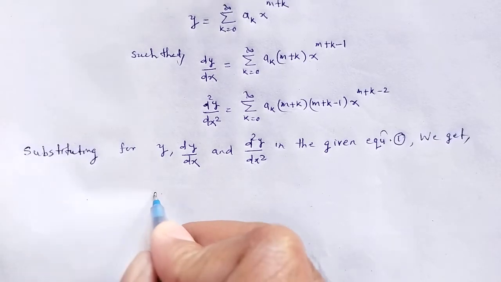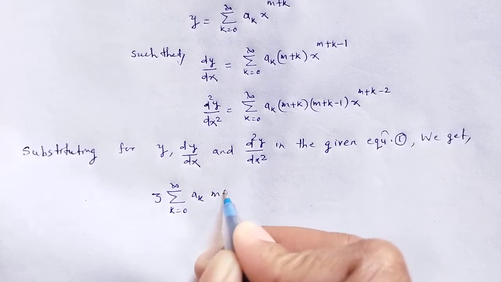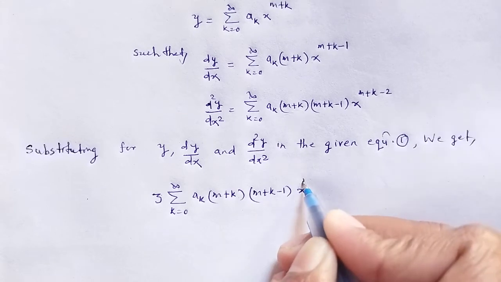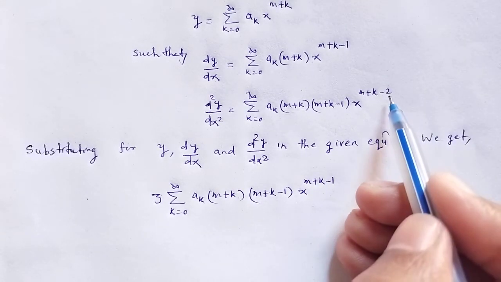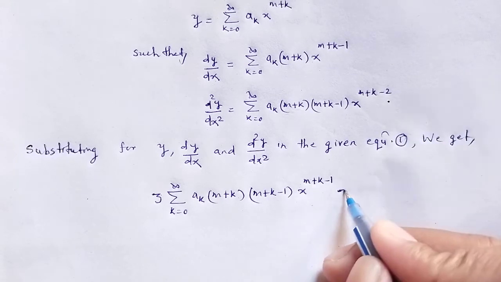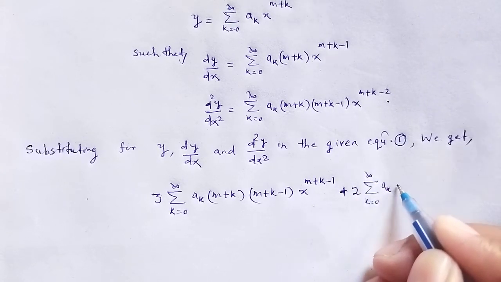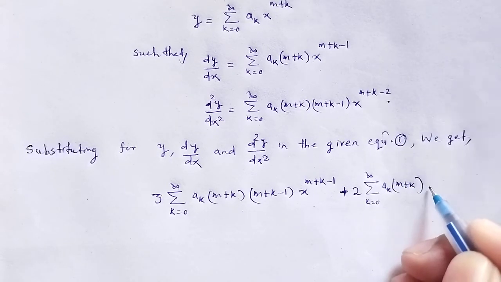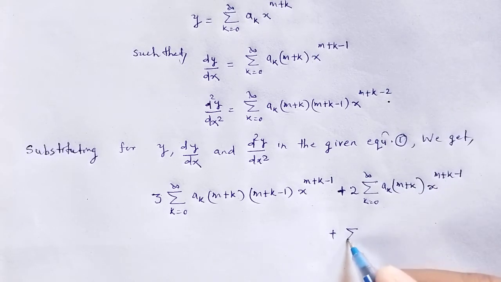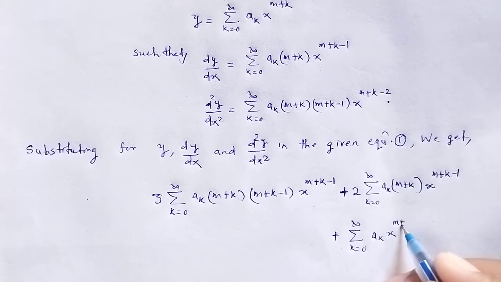That is 3 summation over k from 0 to infinity a k (m plus k)(m plus k minus 1) into x to the power m plus k minus 1, plus 2 summation over k from 0 to infinity a k (m plus k) x to the power m plus k minus 1, plus summation over k from 0 to infinity a k x to the power m plus k is equal to 0.